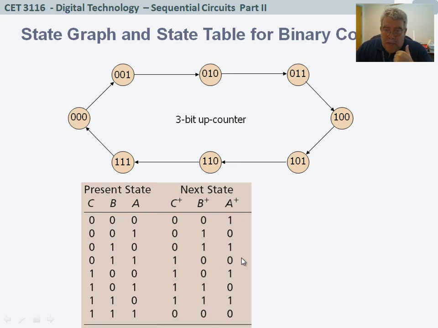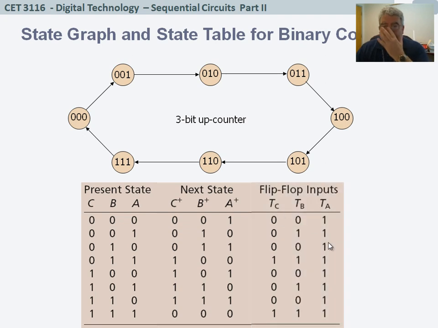Well, I already mentioned that for the case of A, let's see all three T flip-flops. That's going to be the behavior of the T flip-flops. So for the case of A, remember A in this case is the least significant of the bits, and it changes every row: 0, 1, 0, 1, 0, 1. Now that demands my toggle input should be always 1. Change from 0 to 1, from 0 to 1, and so on and so forth.